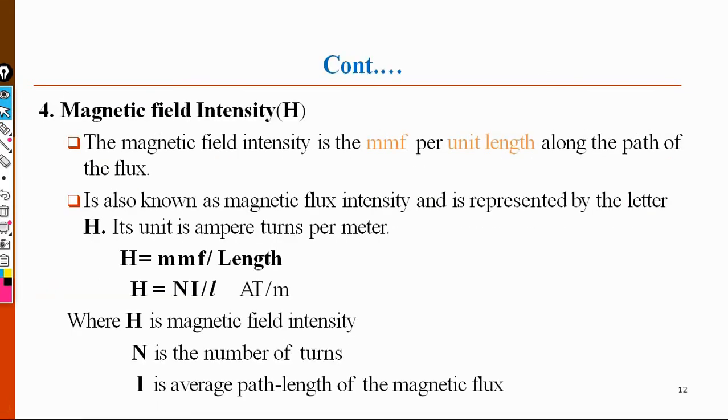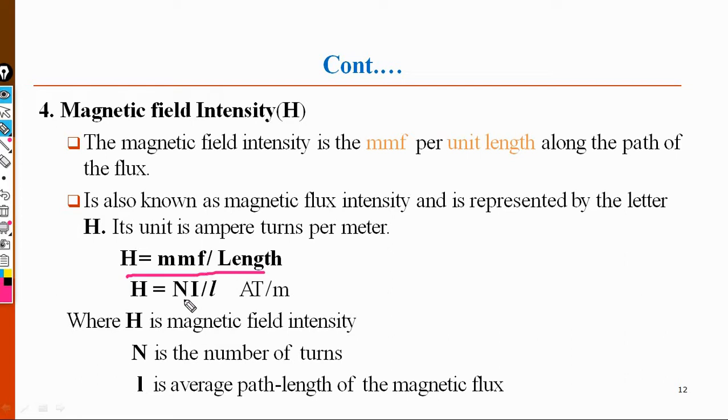Then the next definition is magnetic field intensity. It is very important. The symbol is H. Magnetic field intensity is the ratio of MMF per length of the flux path.